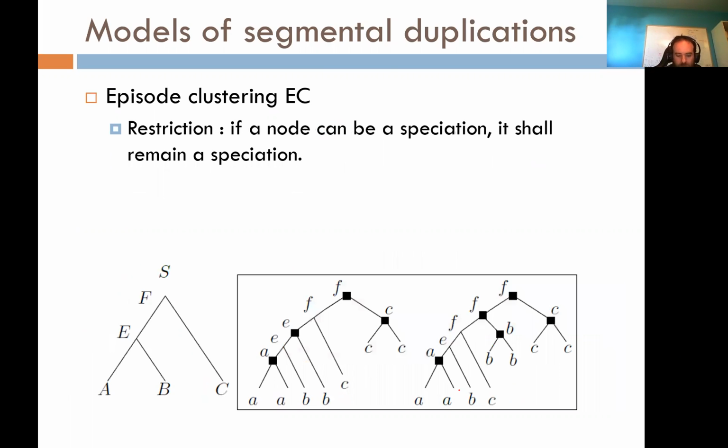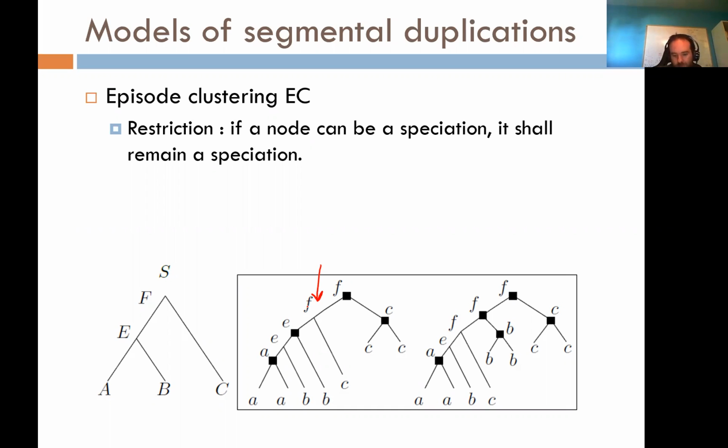So one popular restriction is the following: if a node can be a speciation under the LCA mapping rule, it shall remain a speciation. That's one restriction. So what that means is, for instance, if you reconcile the left tree, this will be a speciation, transmitting the gene to the E and C species, the two descending species.